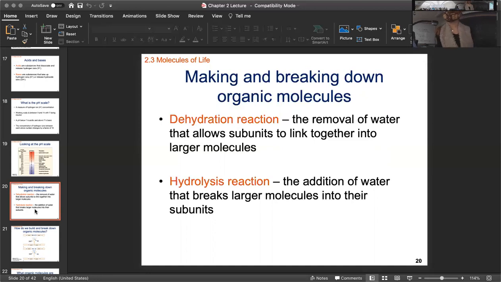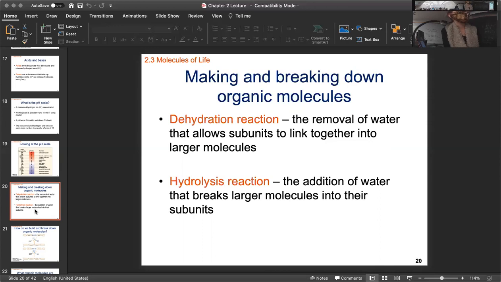In order to make or break those things, we either have to add or take away water. Your dehydration reaction is the removal of water that allows the substrates to link together into larger molecules. So when we're thinking about making a larger molecule, we're going to have to remove some of that water, and I'll show you a picture of that on the next slide.